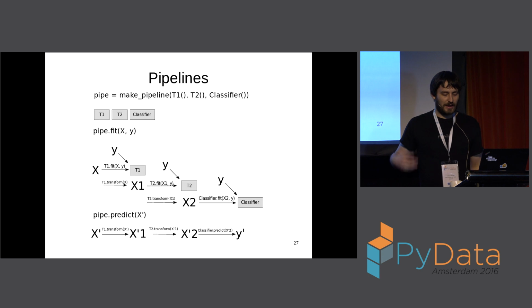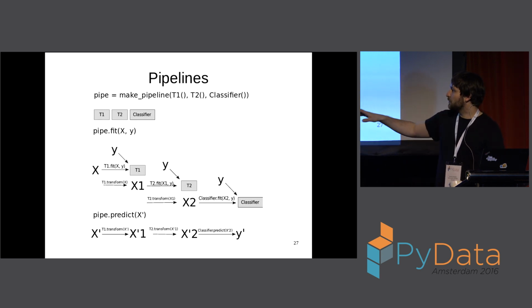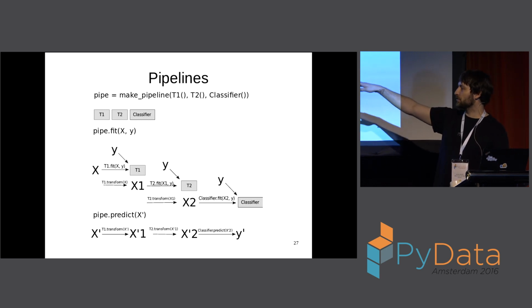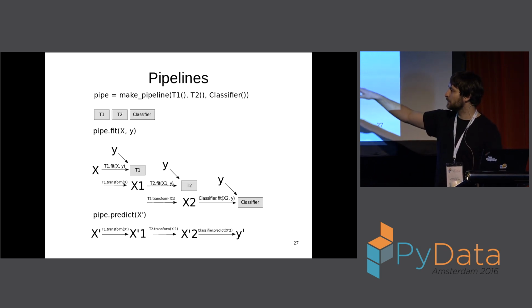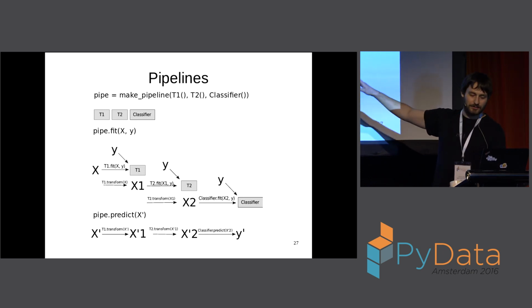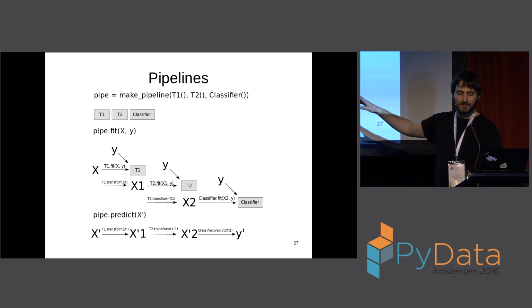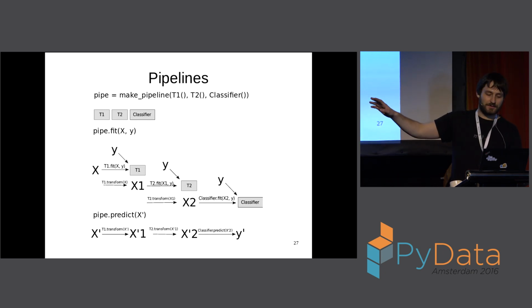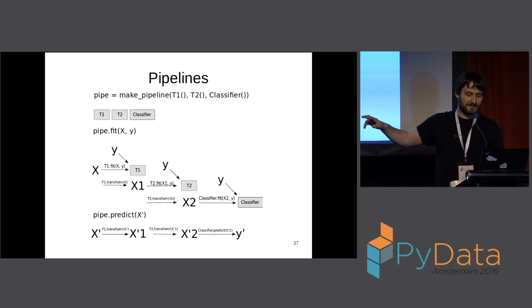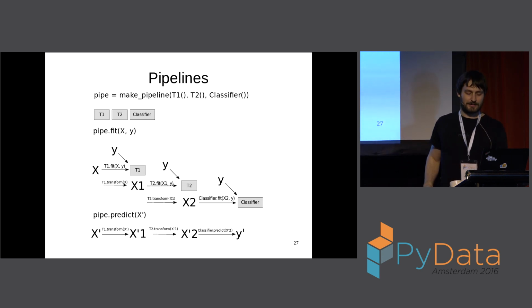Then you call T1.transform to get the new representation of the data X1. Use X1 to fit T2, then you transform your data using T2 to get X2, and then you give X2 to the final classifier. In what we saw before, X was the strings, T1 was a count vectorizer, and then we built a sparse matrix representation and gave it to the classifier.